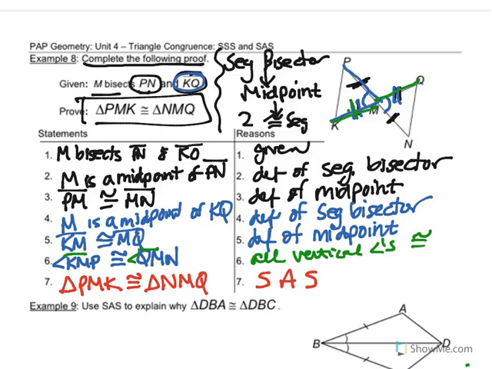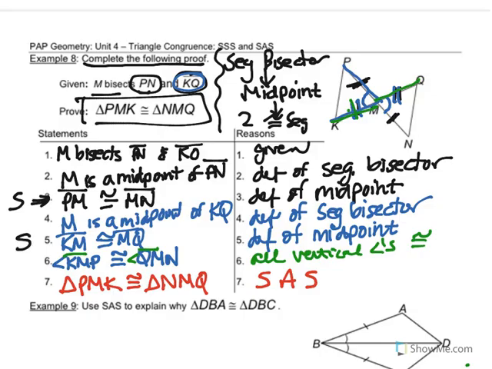Now let's go back up here to our statements and make sure, like we did previously, that we have all of these things somewhere in our statement. So let's take a look here. Well, here on statement 3, there's a side, and then we have KM is congruent with MQ.